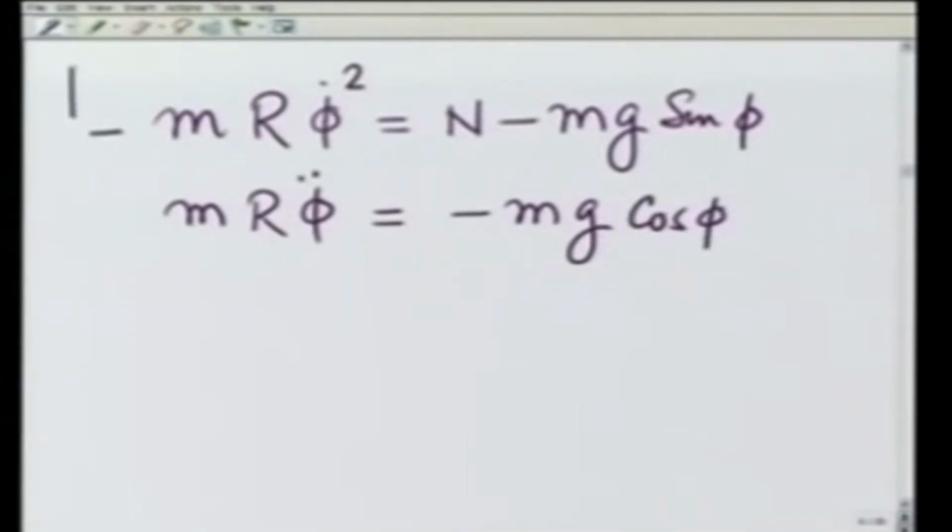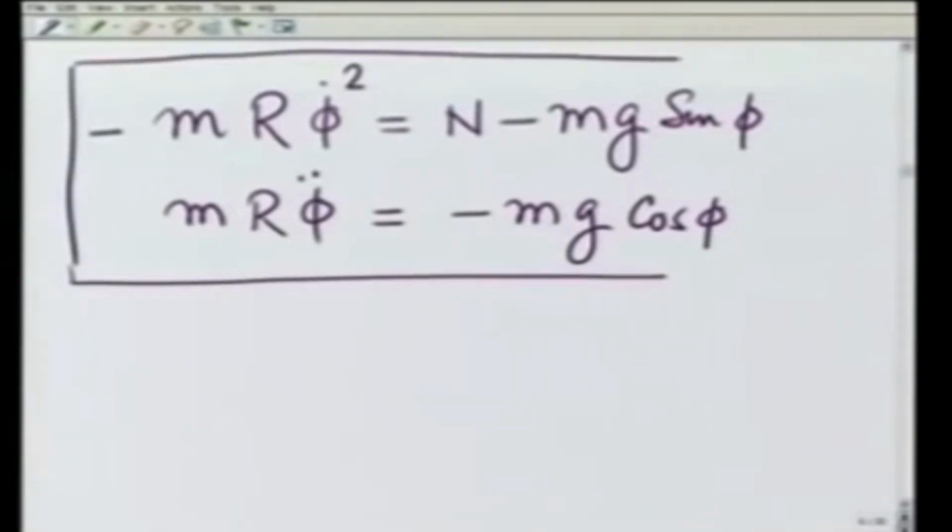It is these two equations that are going to give me N, and the rate of change of phi with respect to time; r anyway is fixed by the third constraint equation.